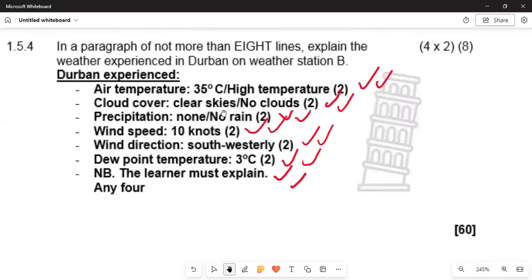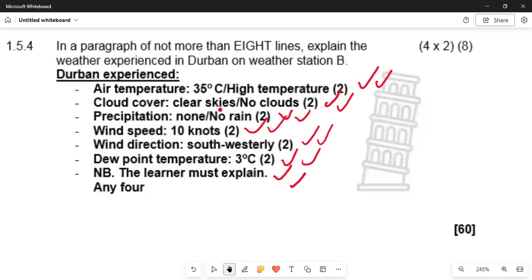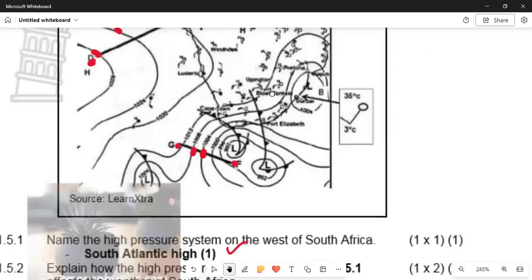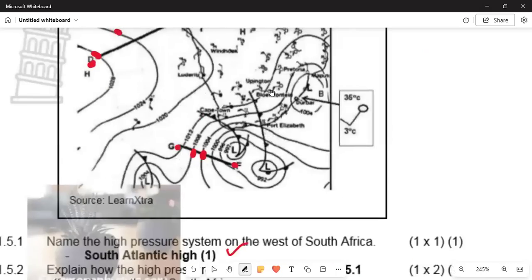Question: in a paragraph of not more than 8 lines, explain the weather experienced in Durban at weather station B. So we need to go back to the weather station B at Durban. One of the characteristics we can see is the high temperature, which is 35 degrees Celsius, and the dew point temperature, which is 3 degrees Celsius.